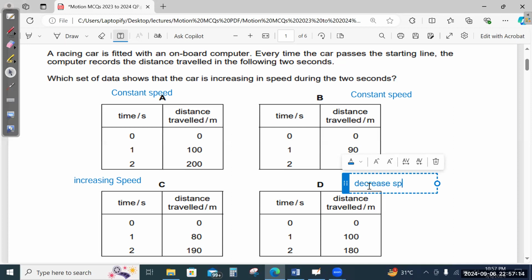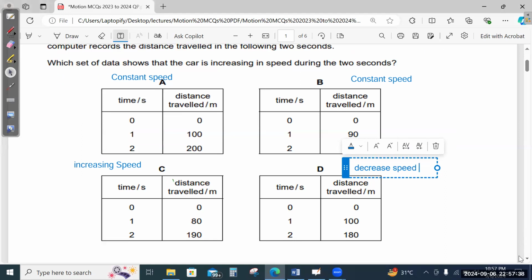So your correct option will be C, because the question asks you to find the set in which the speed of the car is increased. You have to check all the options in Cambridge exams one by one, and then find which is the correct option. In this way, you will be able to get a star.